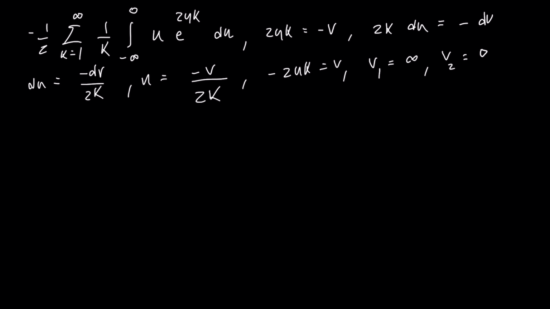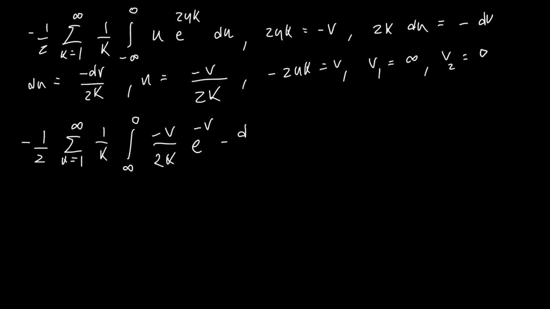So now using this, we have negative 1/2 sum from 1 to infinity 1 over k, and then the integral from infinity to 0 of u, but we said that u is negative v over 2k, and then we have e to the 2uk, but that's e to the negative v, and du, we said it's negative dv over 2k.